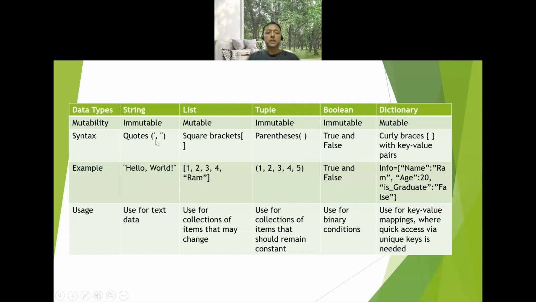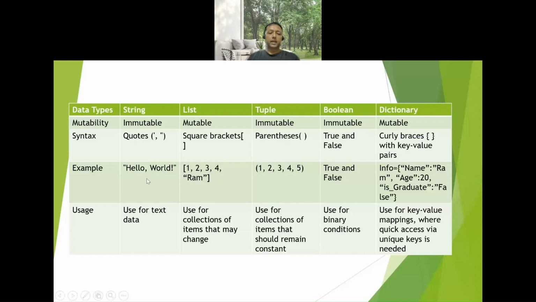Also, as mentioned before, you can use a single quote or a double quote, with a comma as a separator. Here you use square brackets, and here you use parentheses for tuple, Boolean is true and false, and curly brackets for dictionary, and there would be a key and a value.